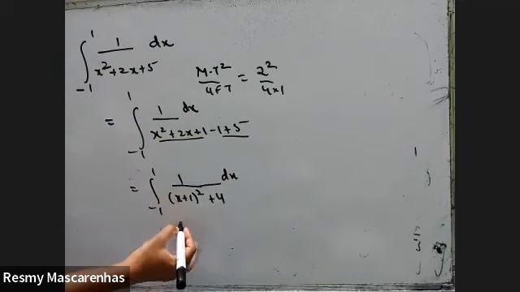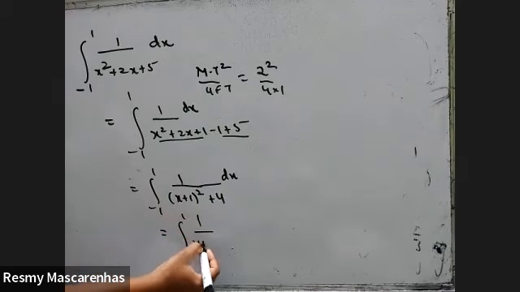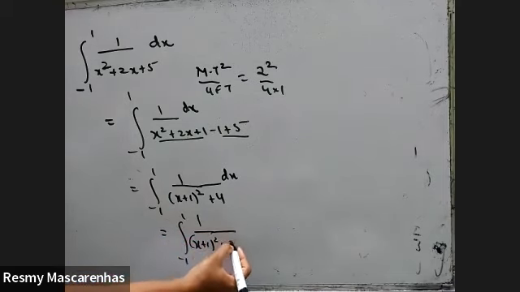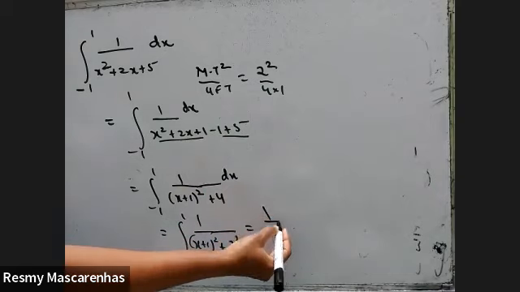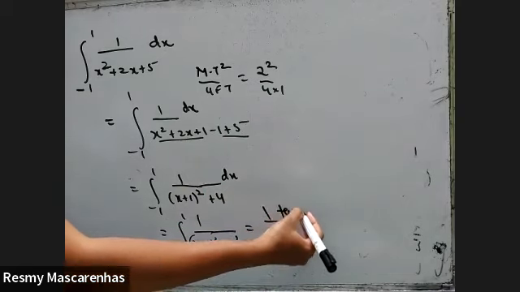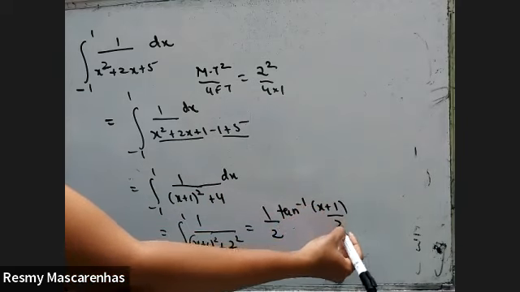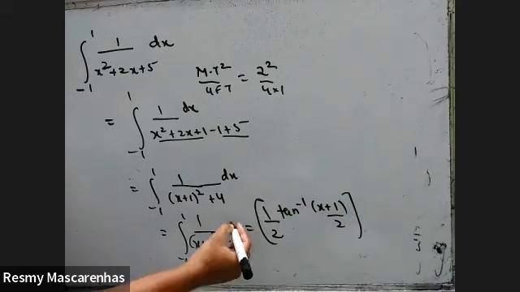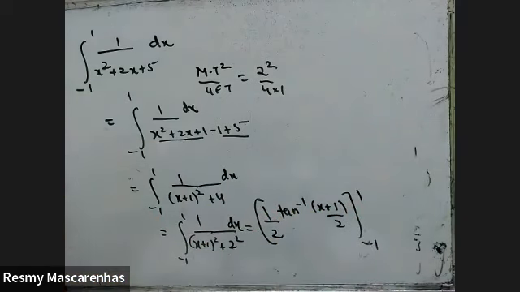Now this can be written as, now it is in the form of x square plus a square. So you know that the integral of 1 upon x square plus a square is 1 by a tan inverse of x by a. Now since you wrote the final answer, you have to put the limit. Now wherever there is x, put 1. And minus, again put minus 1.